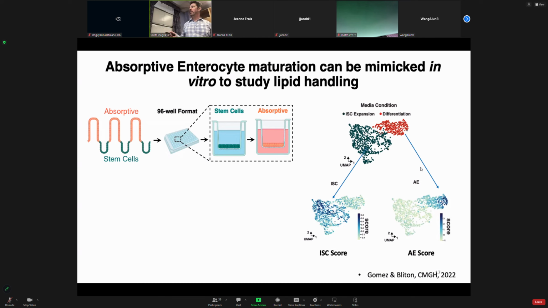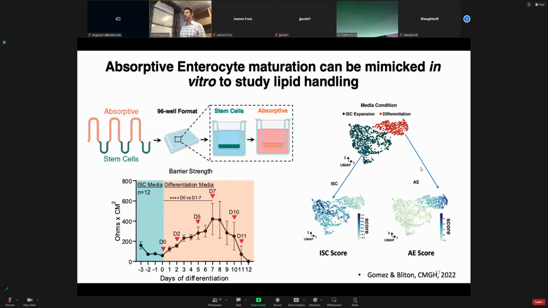And then in the differentiation media for absorptive enterocytes on the right, only the top cells, the orange cluster, were highly enriched for these differentiated cell genes. So this really told us that, at least from a transcriptomic level, we were culturing cells with stem cells, and our differentiation media was pushing them towards some sort of state that was like an absorptive enterocyte.